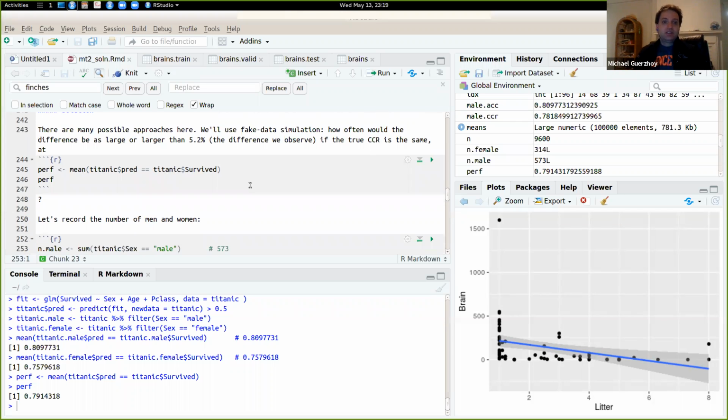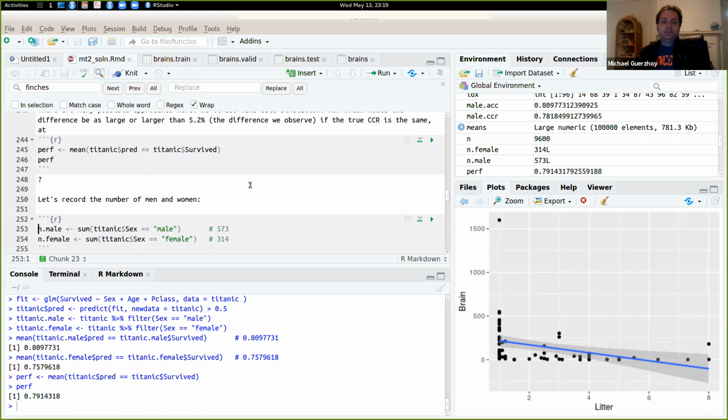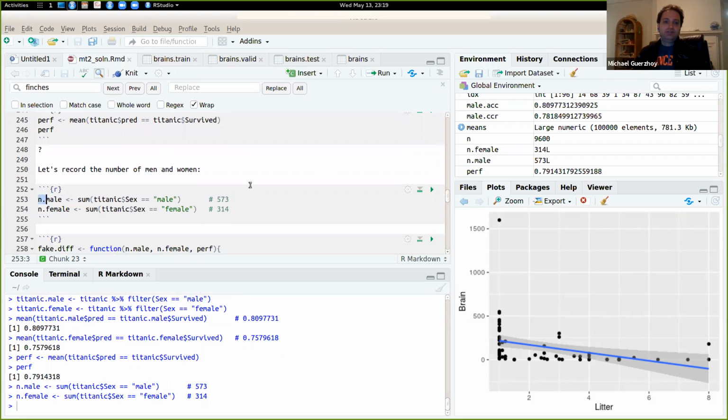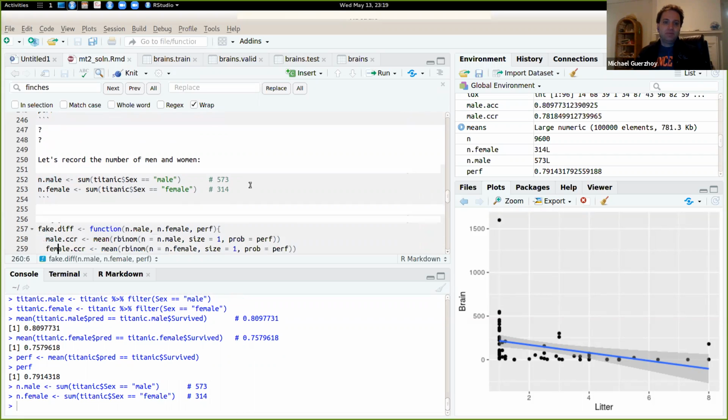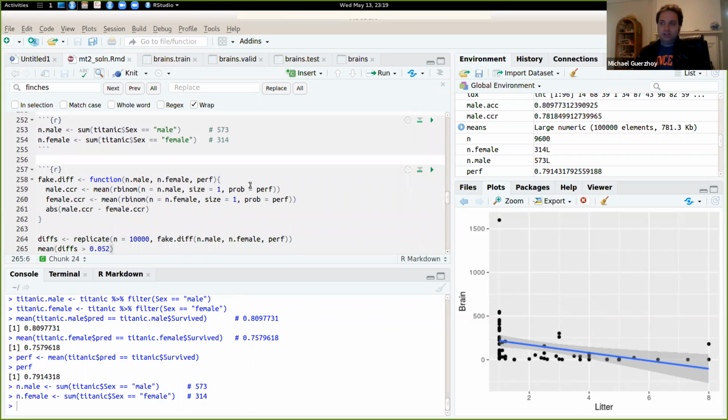So here I'm just computing the number of males and females to use later. More males than females there. Now I'm going to construct this fake difference function. It takes the number of males, number of females, and the performance, the correct classification rate.